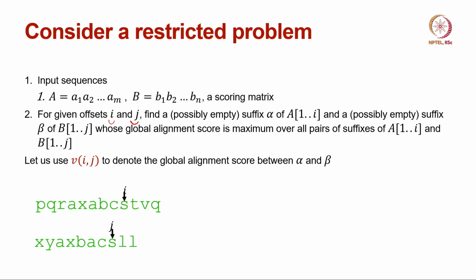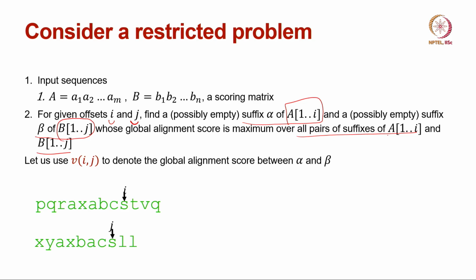So these i and j are given as input, and what I have to do is find a suffix alpha of A1 to i and a suffix beta of B1 to j, whose global alignment score is maximum over all pairs of suffixes of A1 to i and all suffixes of B1 to j.